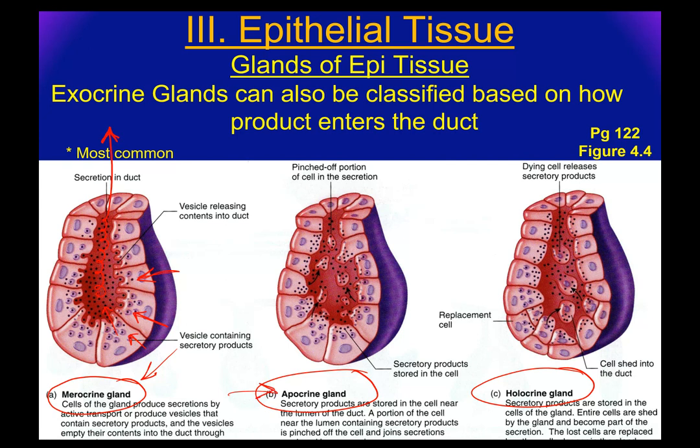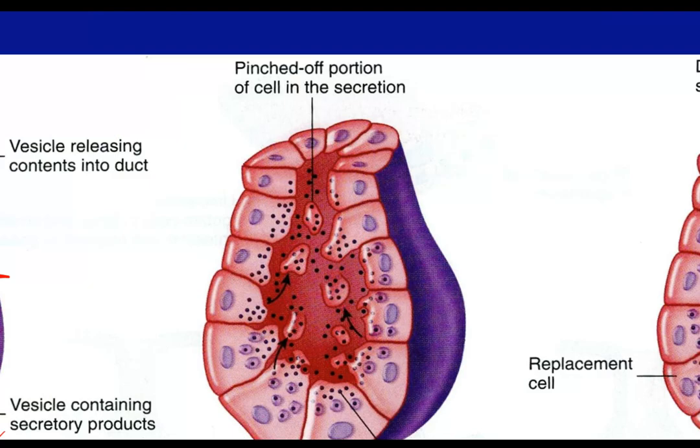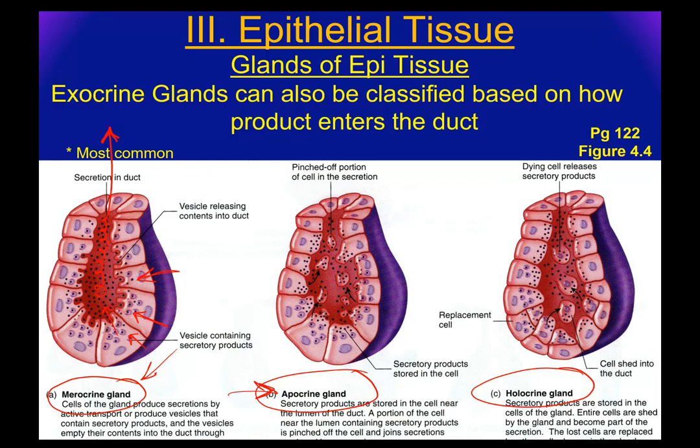Apocrine glands are different because literally with apocrine glands, I am pinching parts of my cell off and it's becoming the product. Now, normally, I don't want you to think you've got a chunk of cell coming out of this gland because that isn't it either. Normally, these things rupture and eventually whatever is in this bubble ends up being part of the excretion that's happening with the apocrine gland.